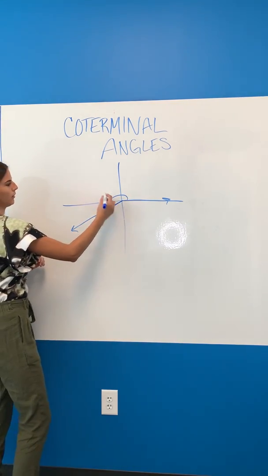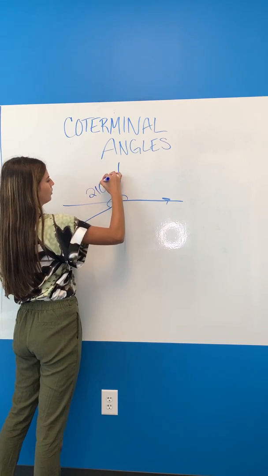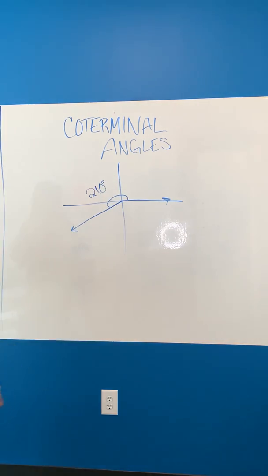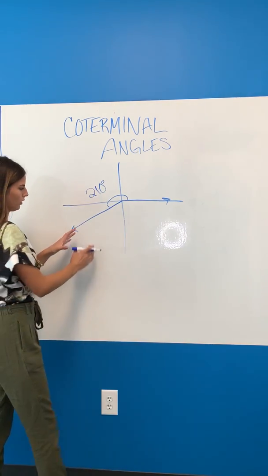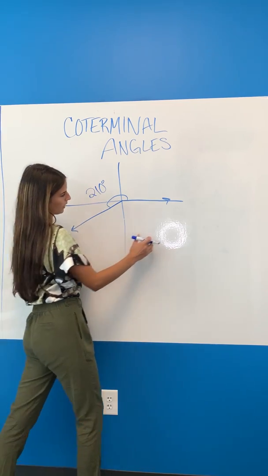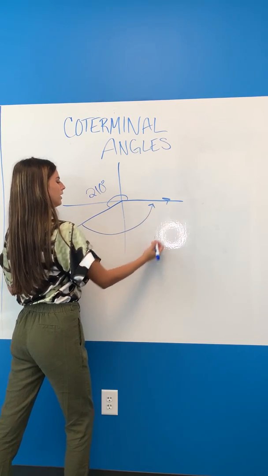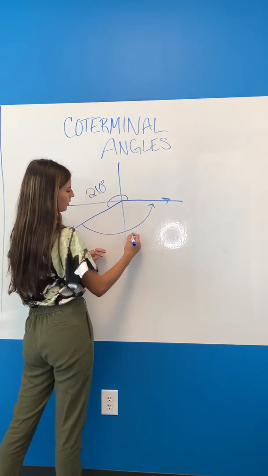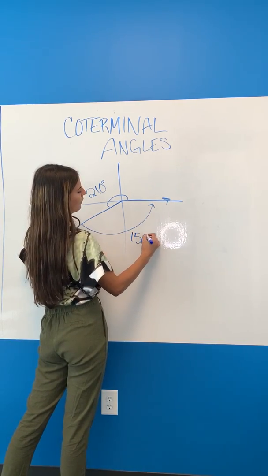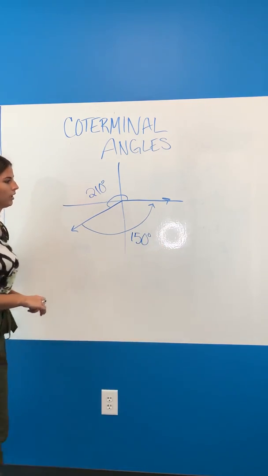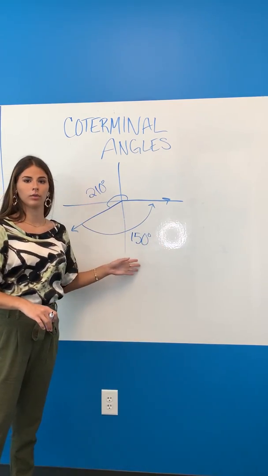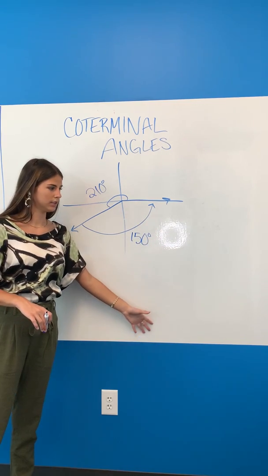And this obtuse angle is going to be 210 degrees. Now the coterminal angle is going to be the degrees from this terminal side back to the initial side. We're going to follow that over here, and this angle is going to be 150 degrees. Both of these should always equal 360.